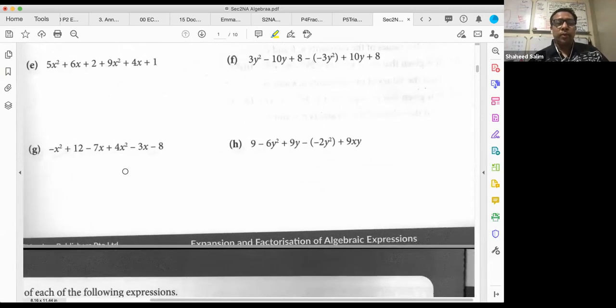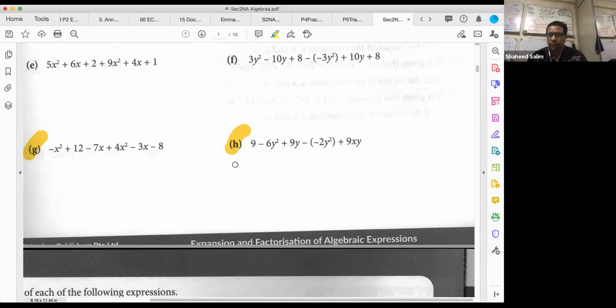Can you do now G and H? Okay, Inshira, you do G and H, we open up to anyone. Inshira, are you okay? You look not okay. If you're not okay, you must tell me.